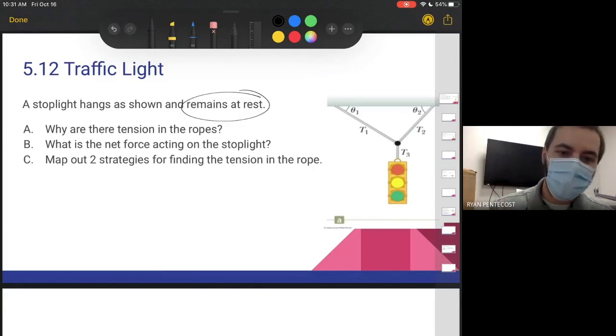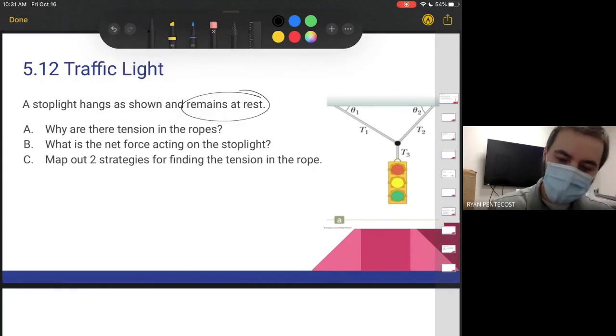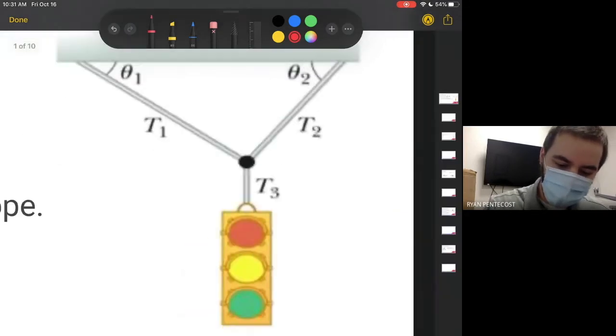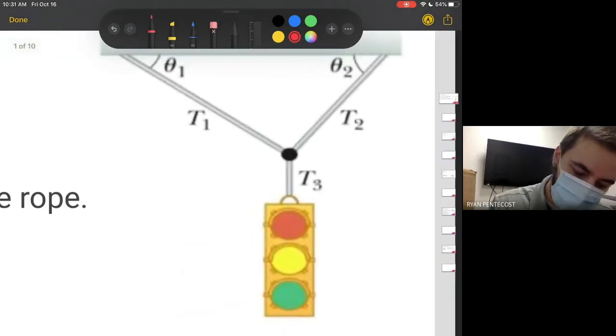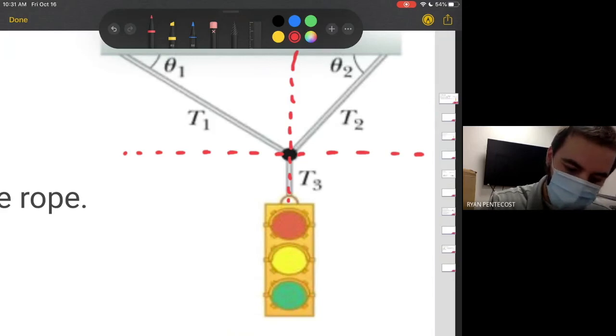Now, next, let's map out two strategies for finding the tension in the rope. If we look at this problem, you can do one strategy, which is divide this into x and y coordinates. So you've got the x, you've got the y, right?